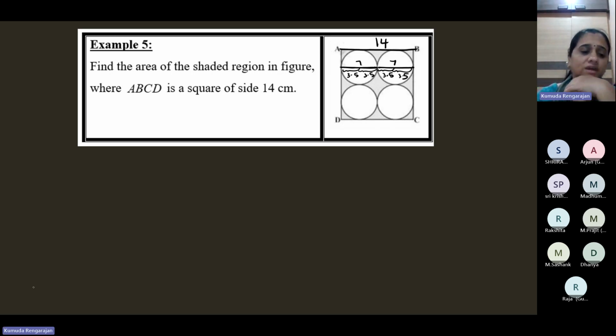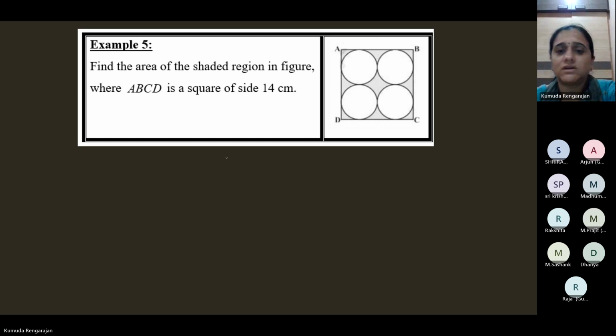The question is to find the area of the shaded region. The shaded region is the region inside the square but outside the 4 circles. All these portions. You need to find the area of the shaded region.